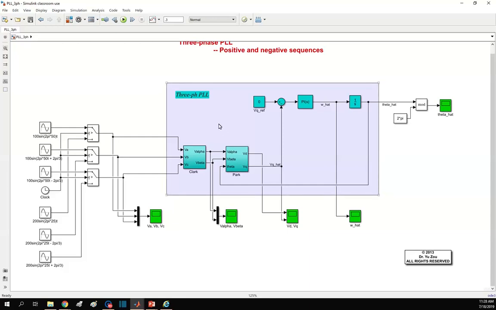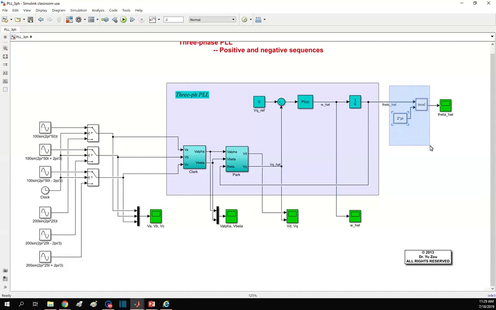As in the single-phase PLL, we have this closed-loop control mechanism contained inside of this box, and we are trying to regulate VQ to be 0 by this closed loop, feeding back the estimated theta hat to help come up with the estimated VQ, and then comparing with the reference value 0 to be regulated by the PI controller. So not only the position angle theta hat, but also the angular frequency omega hat could be estimated here. We will observe the result for both.